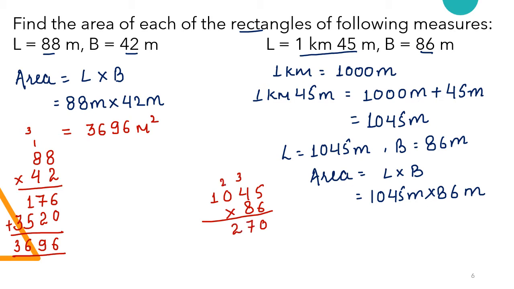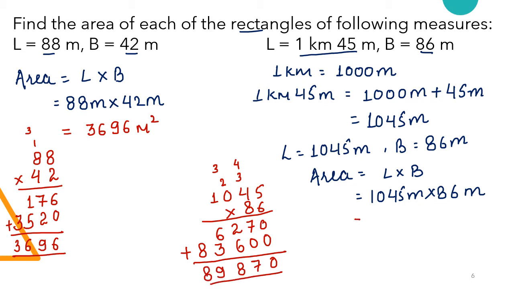Now 8 5s are 40. 4 is carried. 8 4s are 32. 32 plus 4, 36. 3 carry here. It will come down. And 8 1s are 8. Add them. 0 7 8 9 8. So area of this rectangle is 89,870 meter square.